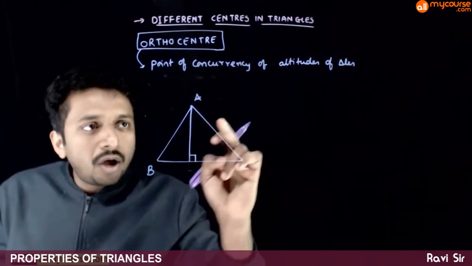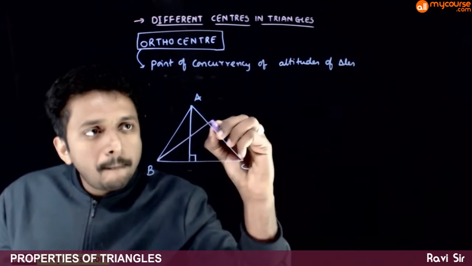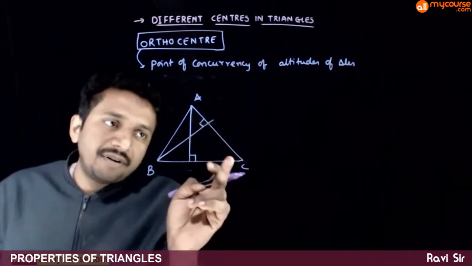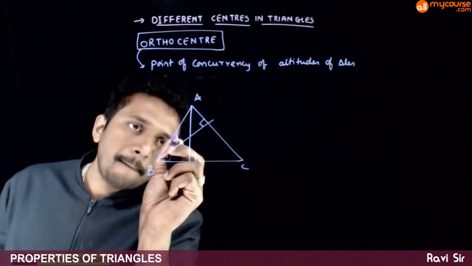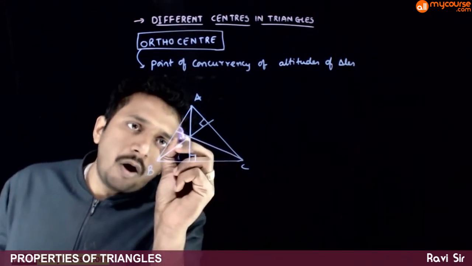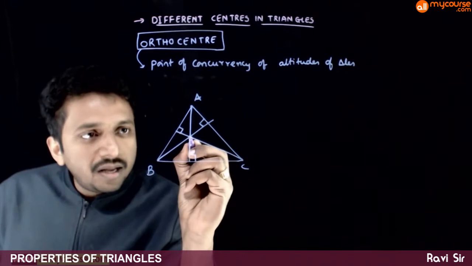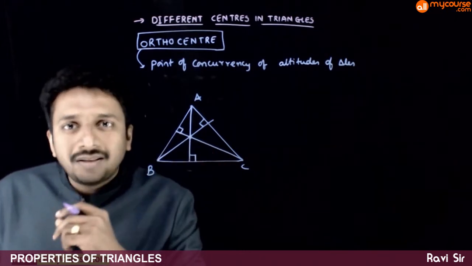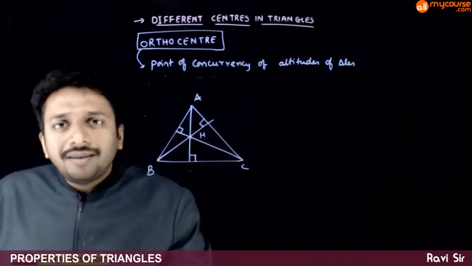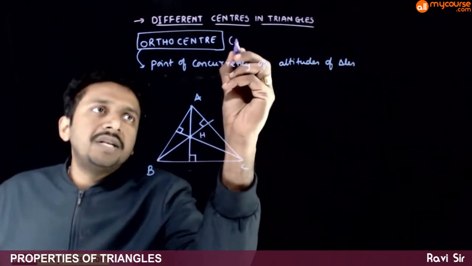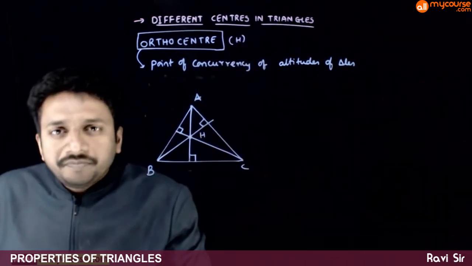Next, from B, draw an altitude onto AC. And from C, draw an altitude onto AB. So all of them will meet at a point called the orthocenter. It is usually denoted by the letter H.